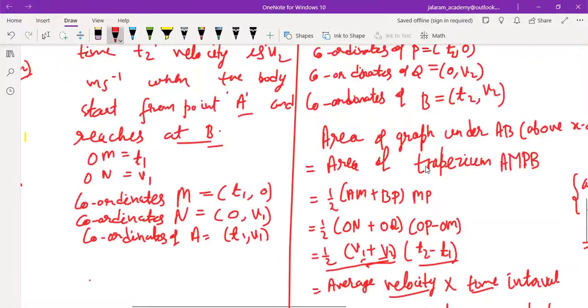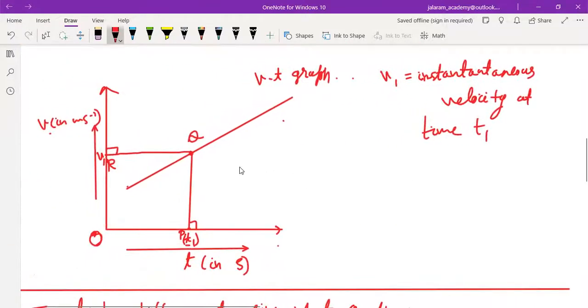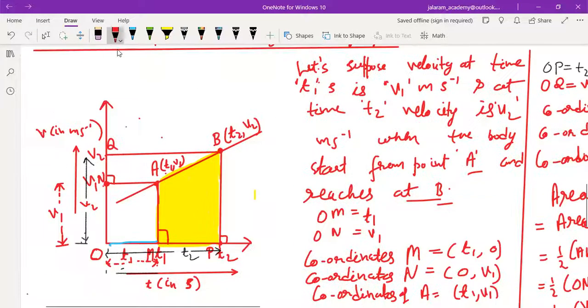We know that this line is called VT graph and this axis is time axis.